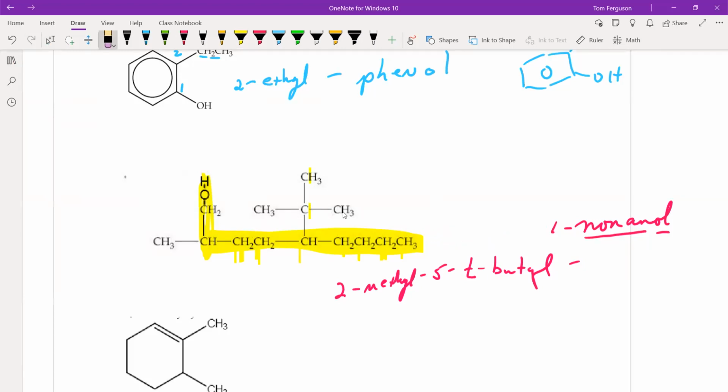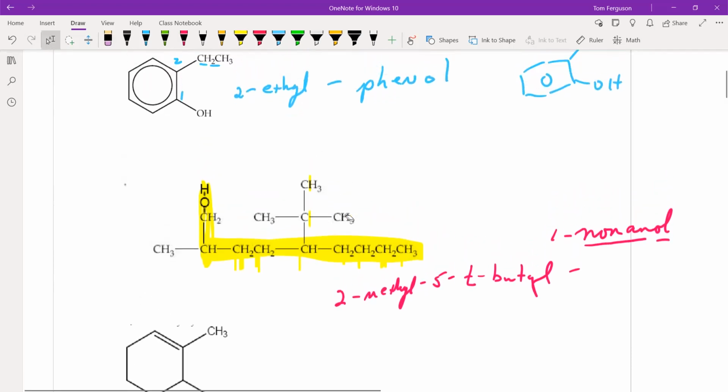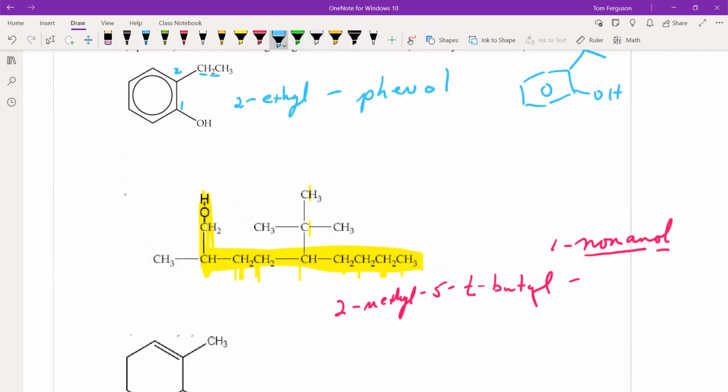So it'll be 2-methyl 5-T-butyl 1-nonol. So we've got the functional group there. And then we have 2 branches.